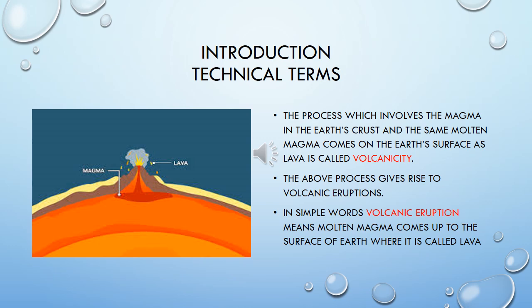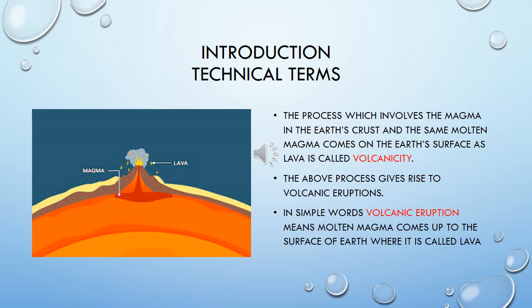The above process gives rise to volcanic eruptions. When a volcano erupts, that is known as volcanic eruption. In simple words, volcanic eruption means molten magma comes up to the surface of earth where it is called lava.